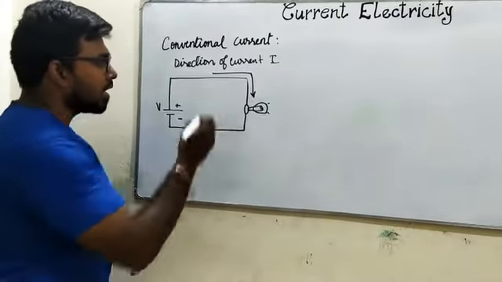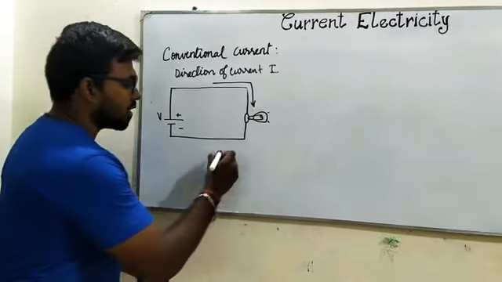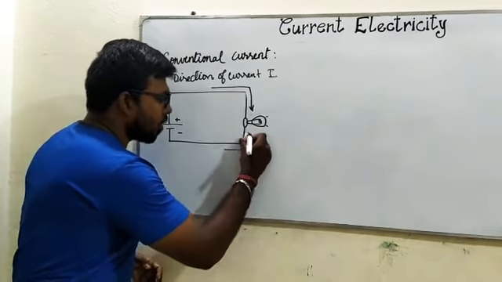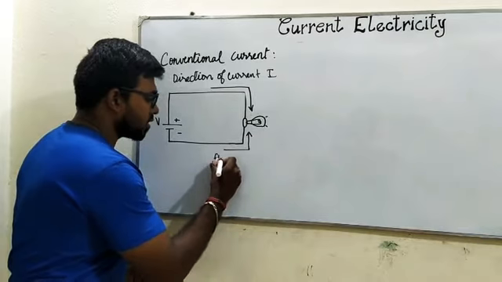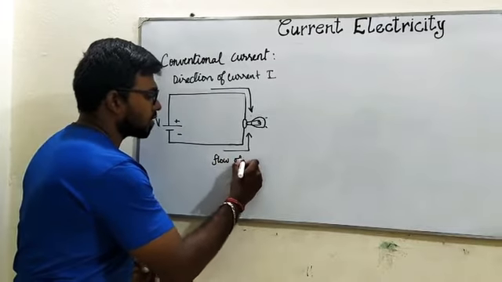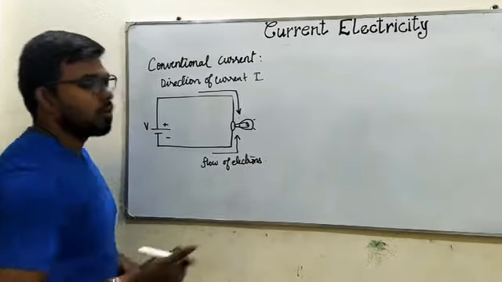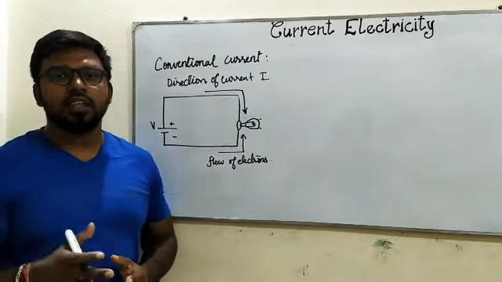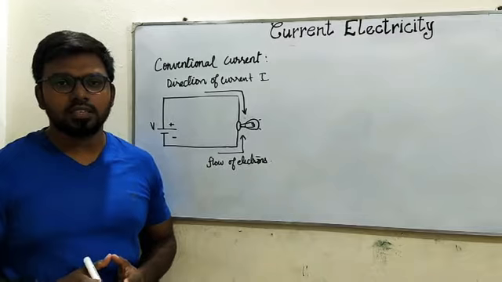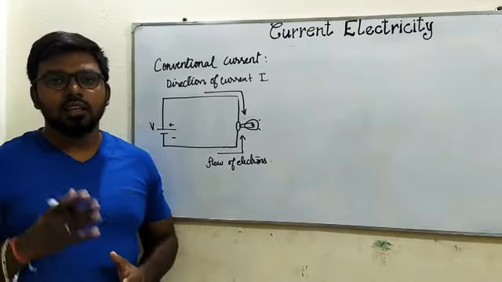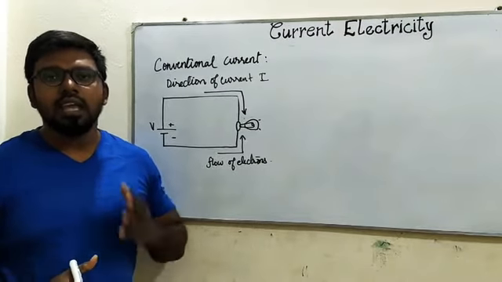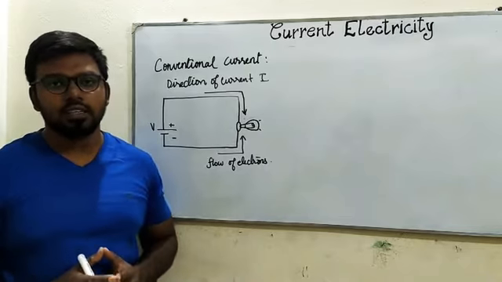As a result, the direction of current opposes the flow of electrons. Mathematically, the transfer of positive charges is the same as the transfer of negative charges in the opposite direction.